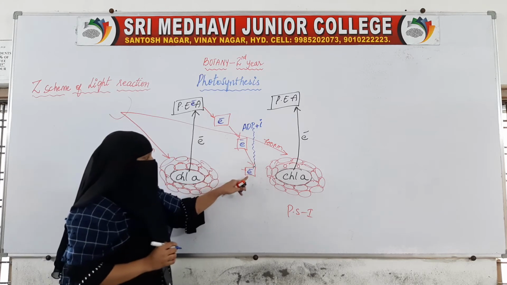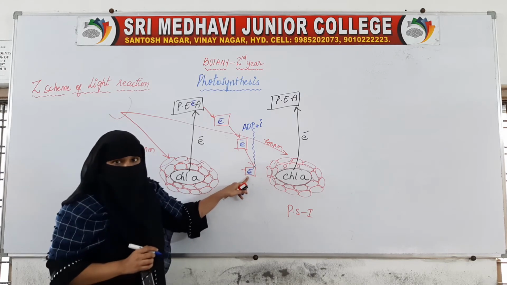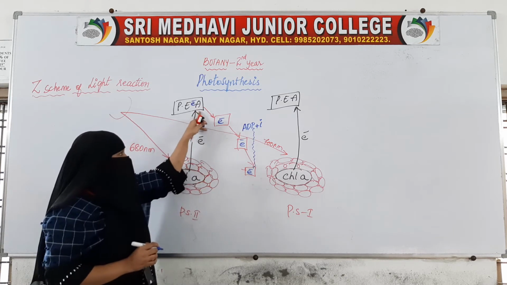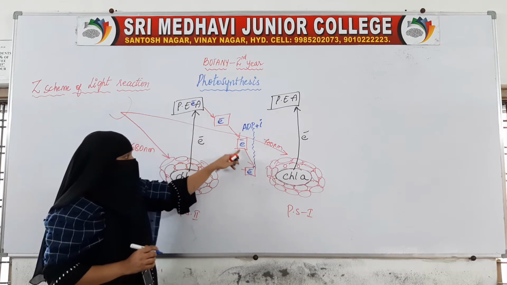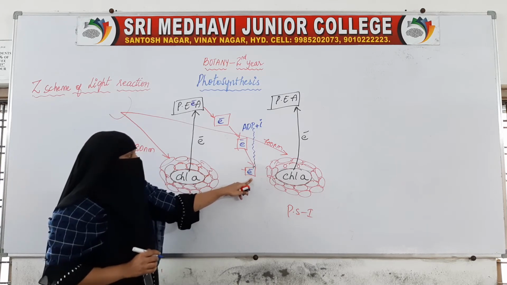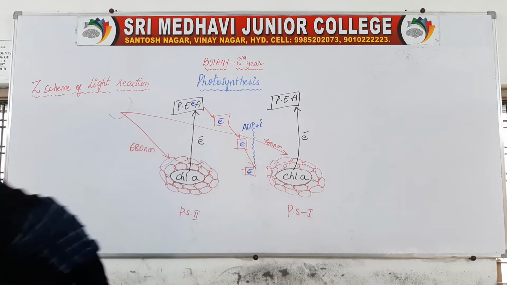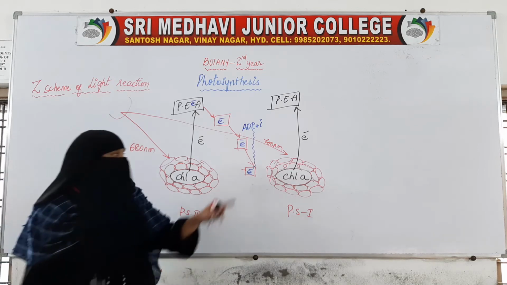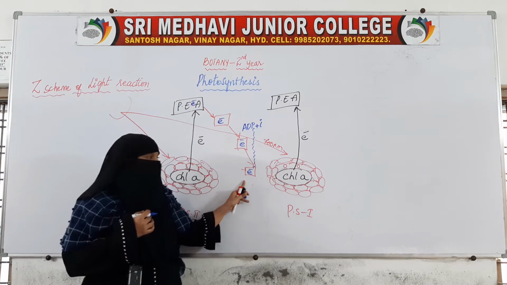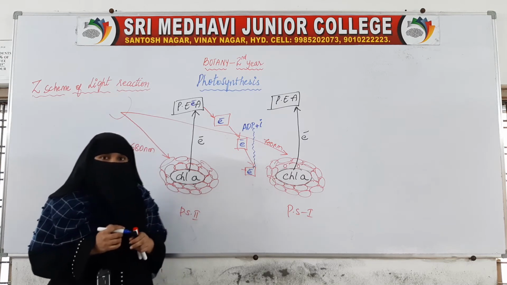When it comes down the hill from the primary electron acceptor after passing through a series of electron acceptors, it releases the energy.